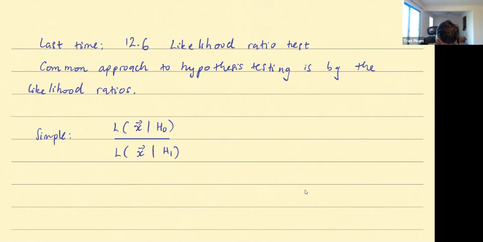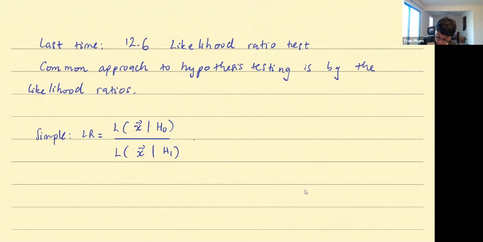We call this LR. Simple hypothesis means that the likelihood function is completely determined given the hypothesis. In other words, nothing is unknown when we form this ratio.